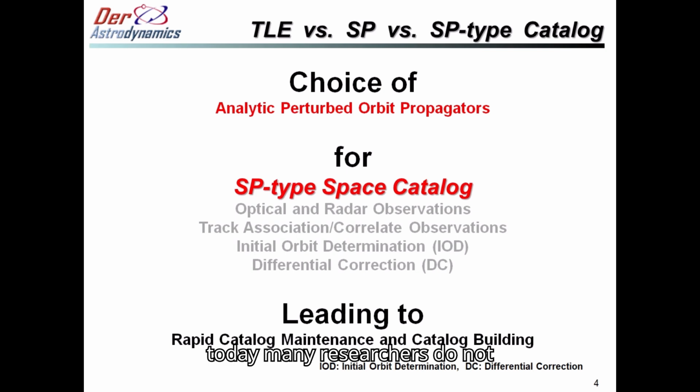Unfortunately, today, many researchers do not know that the input and output of the Windty algorithm are ECI state vectors, same as those of the two-body or Keplerian orbit propagator and numerical integration. Therefore, the Windty analytic perturbed algorithm that includes J2, J3, and most of J4 can take advantage of the ECI state vectors in SP or SP-type space catalog for both rapid catalog maintenance and catalog building.